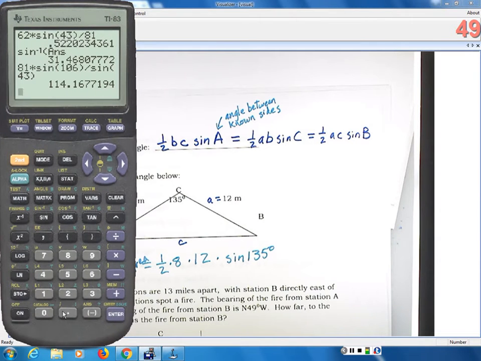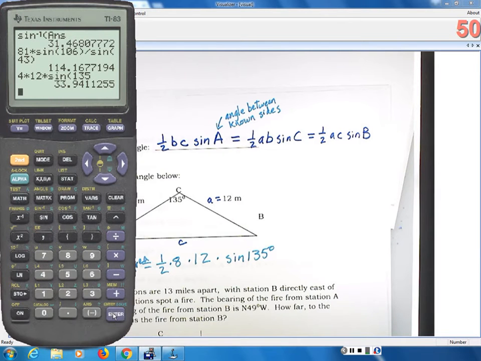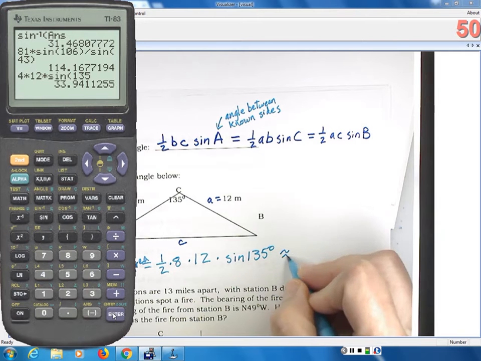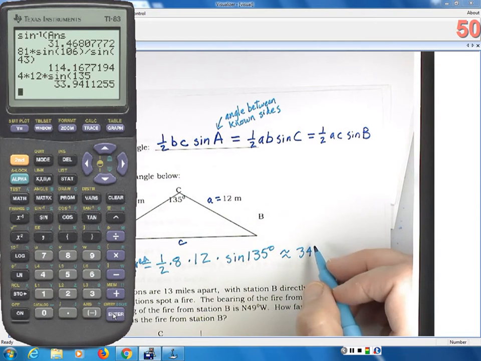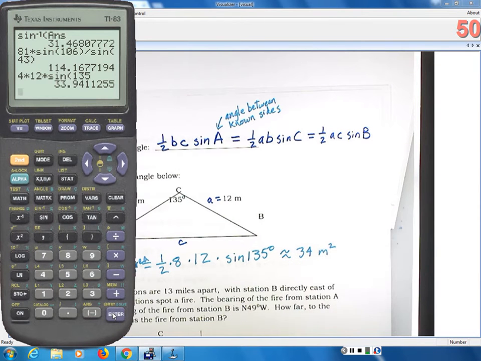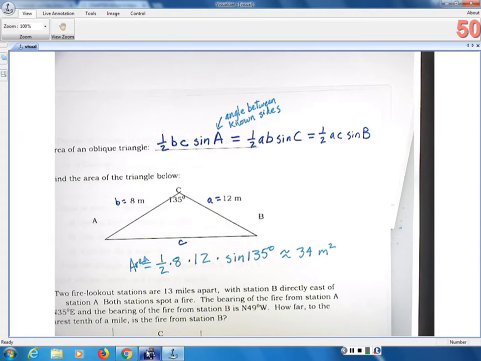You get 4 times 12 times sine of 135. I just rounded to 34. Could you do 48 times the sine of 135? Sure, that simplifies even more. Yeah, 34. And it's in meters, so the area will be meters squared. So that's very simple to find the area.